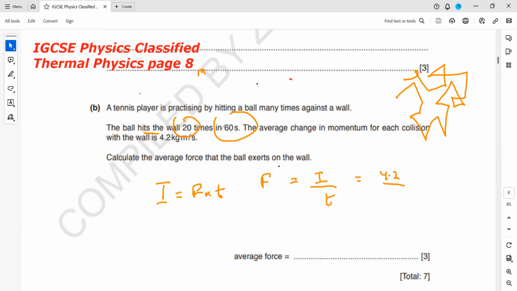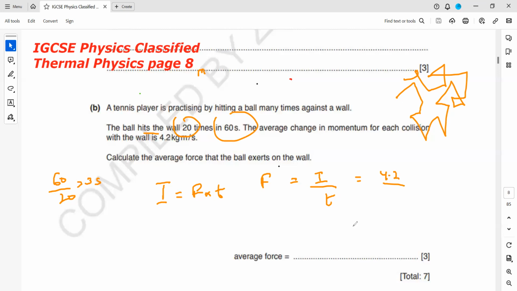And 20 times in 60 seconds, so what is the time for one? It will be 60 divided by 20, which equals 3, because the ball hits the wall 20 times in 60 seconds. So how much time will the ball take for one hit?